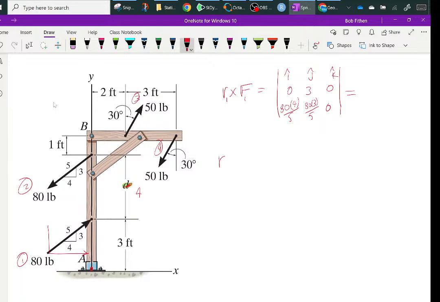Okay, so the second one I'm going to do R2 cross F2, and these both should have vectors on them. And they'll have I, J, and K. And now, since that was 4, the vector that goes to there is just going to be 7 straight up. And he's got the 80 times 4/5 with a minus sign on it.